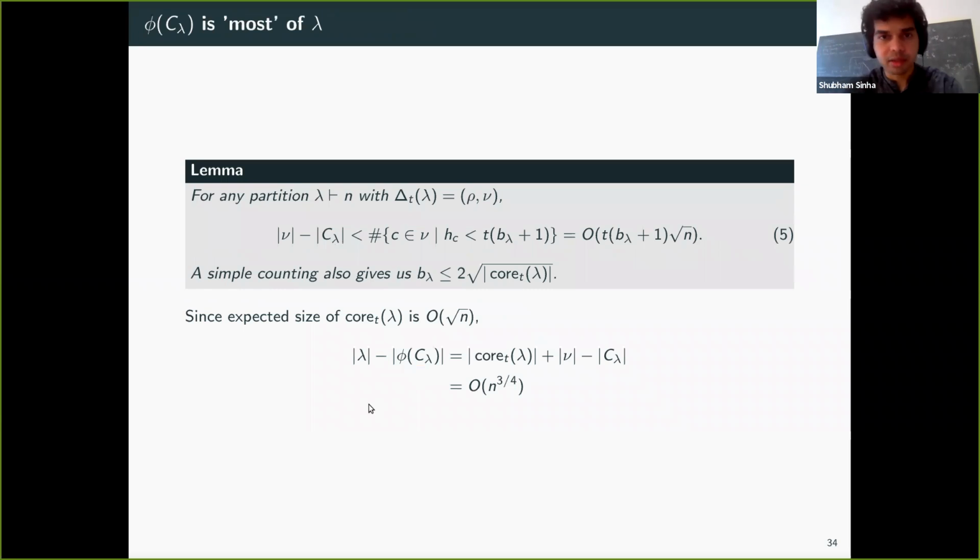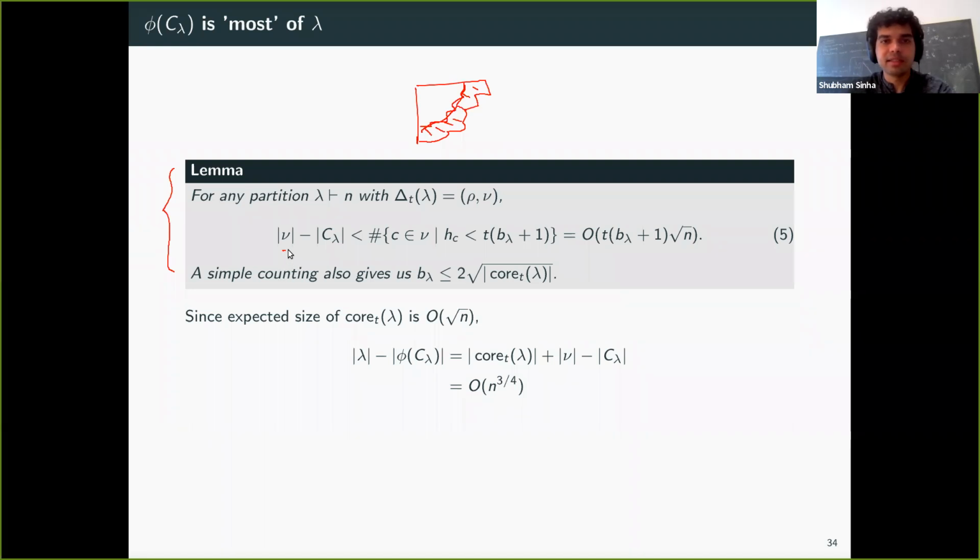I am running out of time now, I suppose. Let me briefly tell you why this is the case. This is some lemma which I'm not proving. It basically says if you have some lambda, and you take some smoothing, so I'm drawing very bad pictures, but that will give you some corner cells, and that is a smaller number.